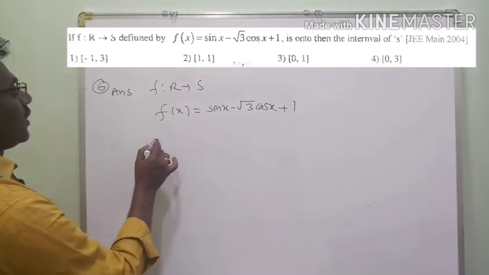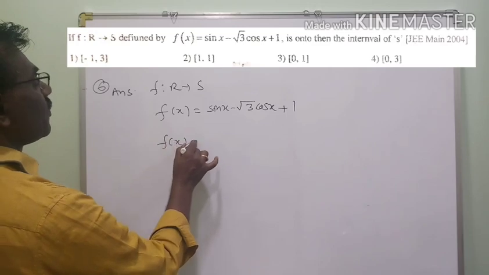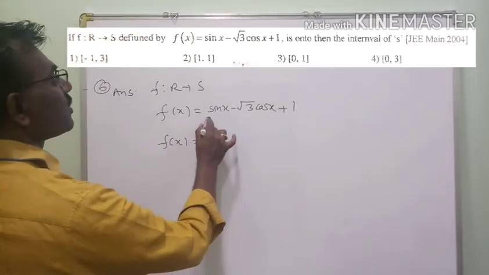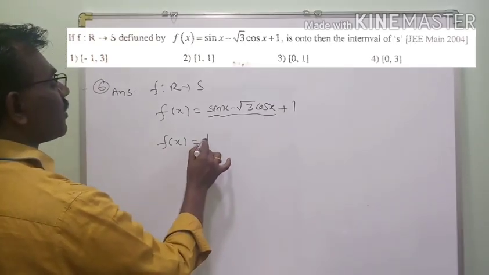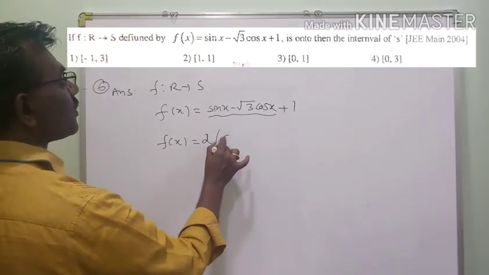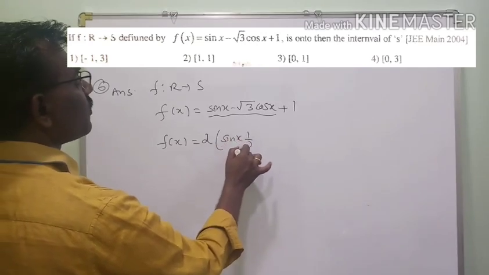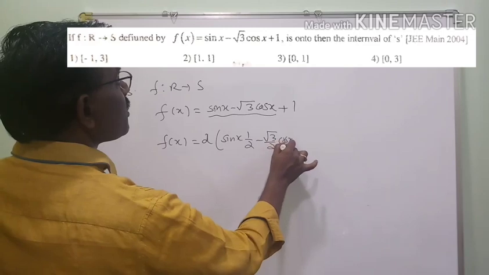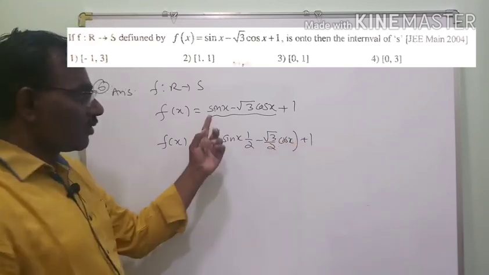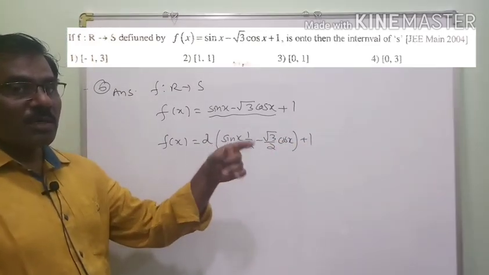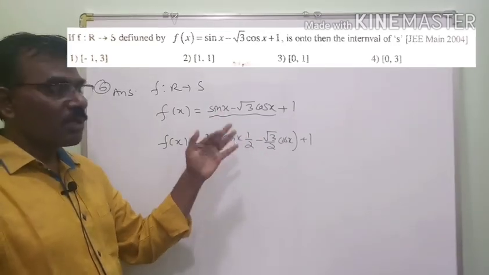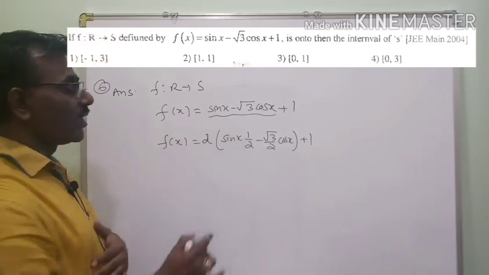Okay, now what is f of x equal to? Now it is sin x minus root 3 cos x plus 1. Now this step is very important: multiply and divide by 2. 2 sin x into 1 by 2 minus root 3 by 2 cos x plus 1. Usually for questions of the type sin x plus cos x, or cos x minus sin x, better you go to multiplying and dividing.